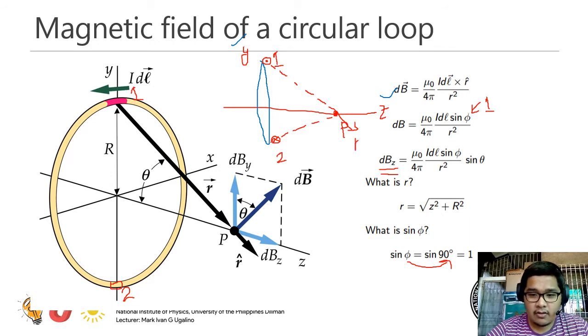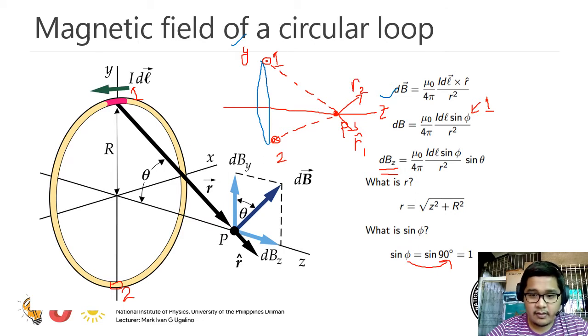So this is your R hat 1. On the other hand, if you construct a vector from source to point P, what you get is an R hat 2 that is pointing in this direction.